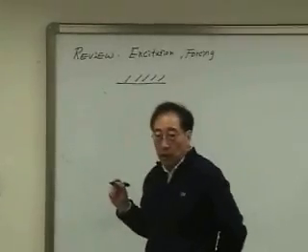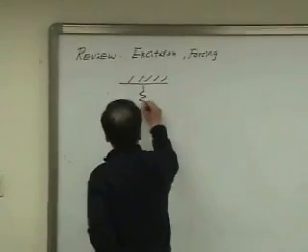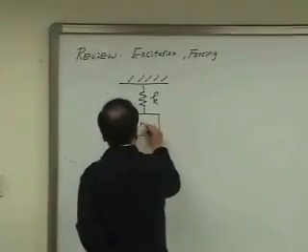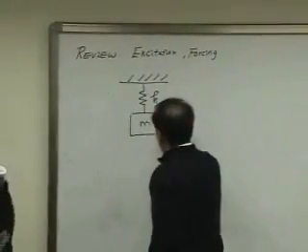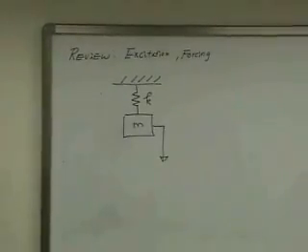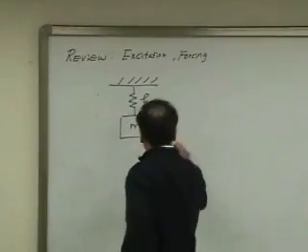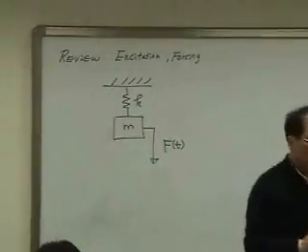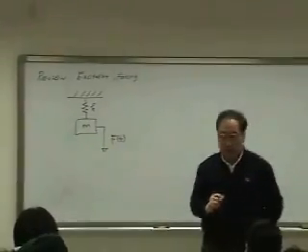So we pick up the simple example that has a spring and mass, and if you assume that there is an excitation, and we denote the excitation as f of t, because f represents the force and t is time.